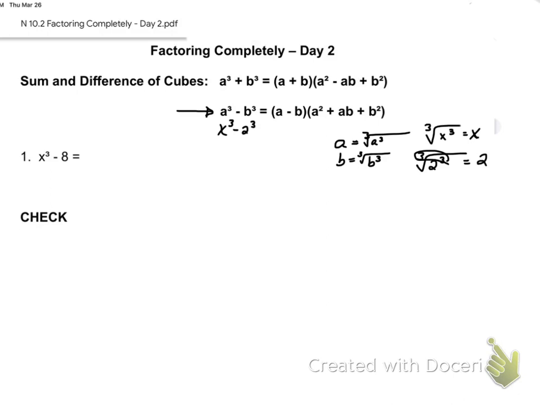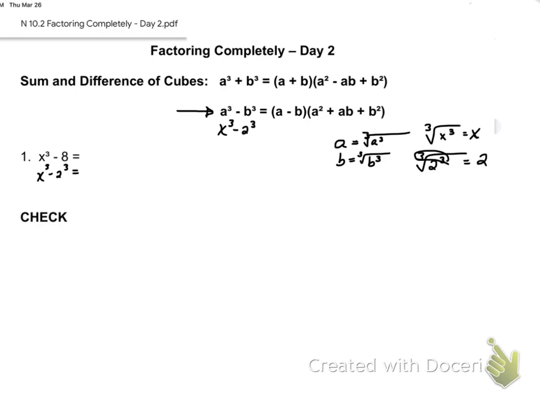So we're going to fill in those blanks. I'm going to write this as x cubed minus 2 cubed. So that's your A and B, your x and your 2.